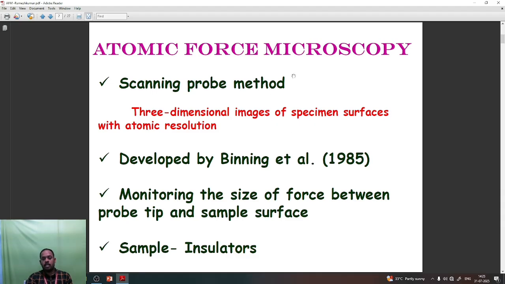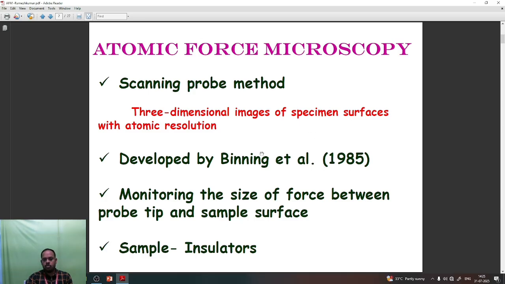They are called cantilevers. So using those cantilevers, we will raster the sample surface, and that will give you 3-dimensional images of the specimen surface. This method was first developed by Binning et al. in the year 1985.